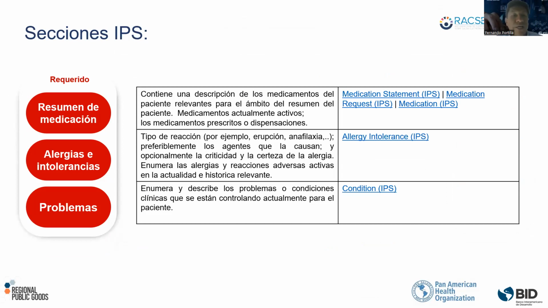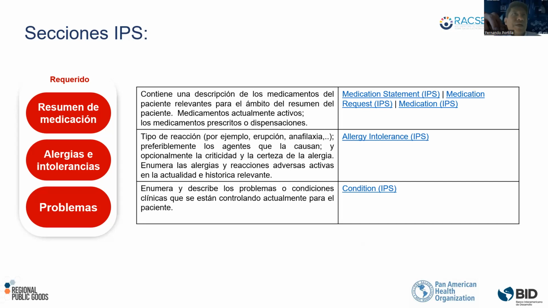let's take a look at them. This is what was required: medications, allergies, and problems. And each one of them has a profile which is associated to a FHIR resource. So medication, for example, not all of them are resources.